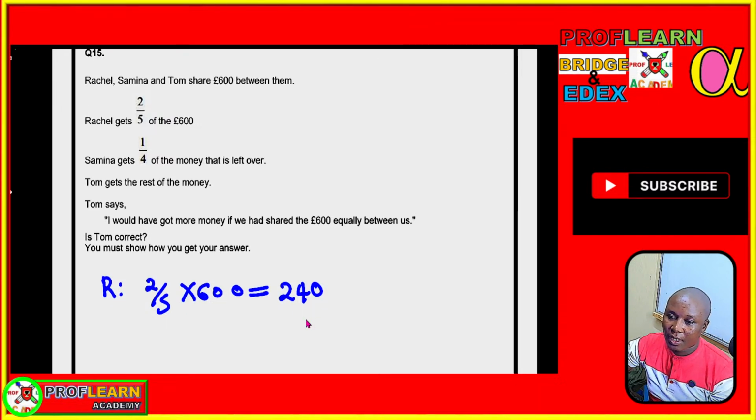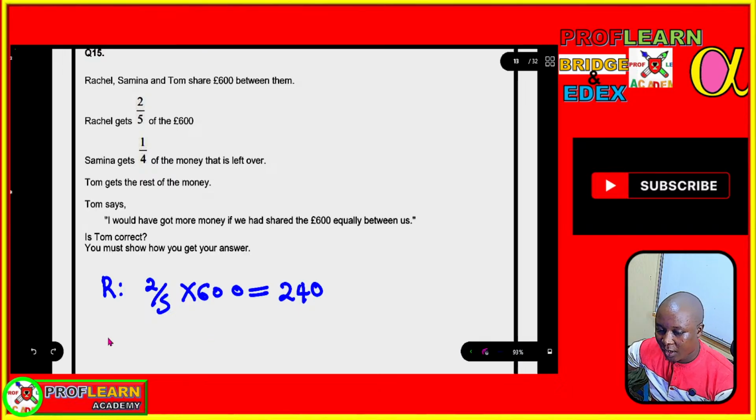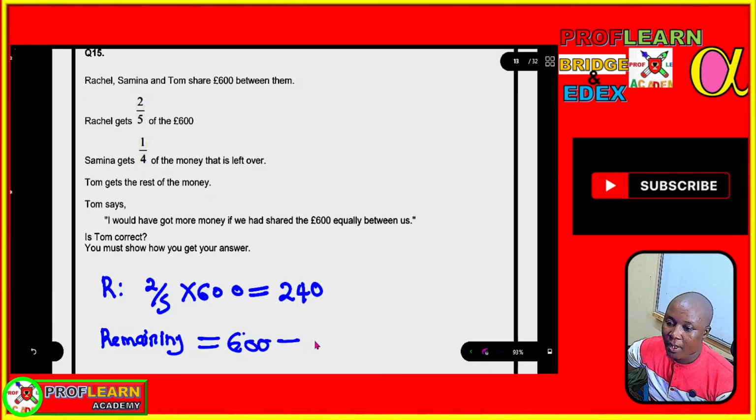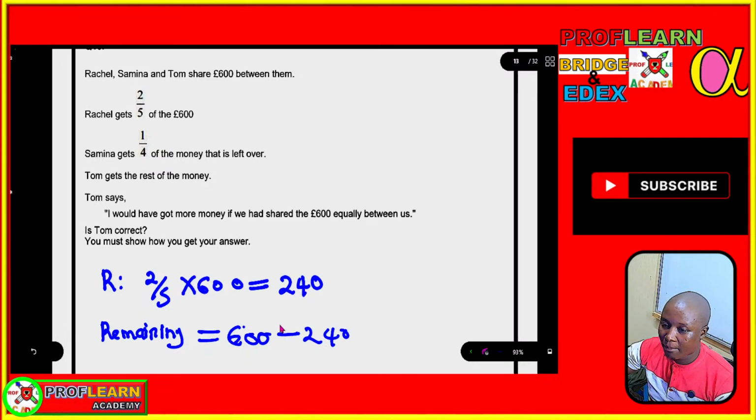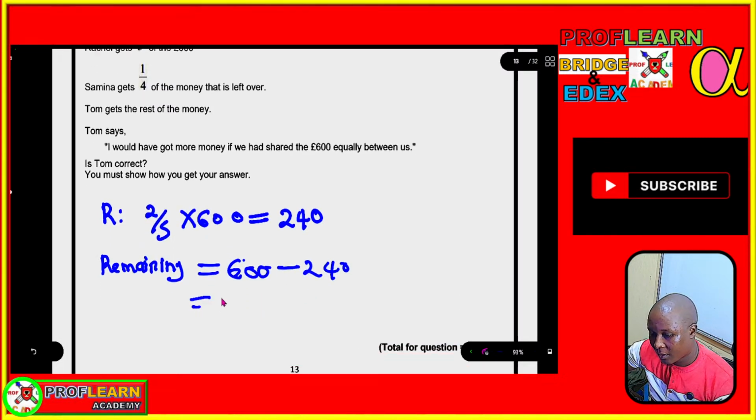Samina gets 1/4 of the leftover, the remaining amount. The remaining amount is going to be 600 minus 240, which is 360.